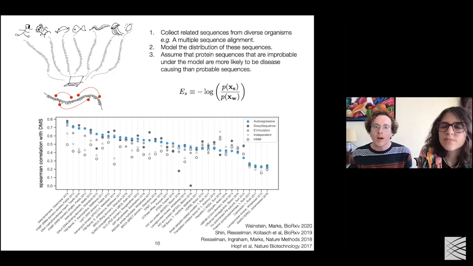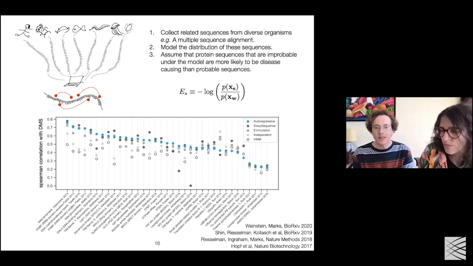We then make the assumption that under the model, sequences that are less probable will correspond to sequences that cause some loss of fitness. So in the context of this work, the hypothesis is that improbable sequences under the model will be more likely to contain disease-causing variants.